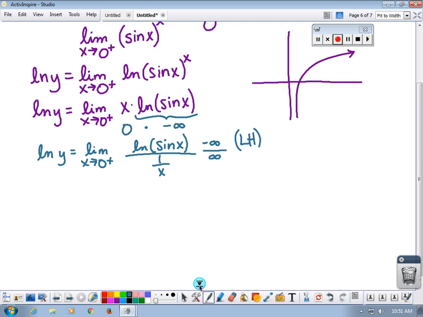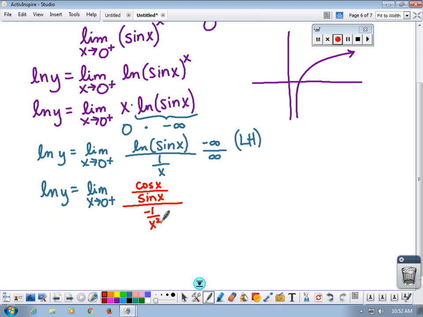Okay, so we're going to take the derivative of the numerator and denominator. The derivative of natural log of sine x, so du over u. Derivative of sine is cosine, back over the u, which is sine. And then the derivative of your denominator, which is x to the negative 1, would be negative 1 over x squared.